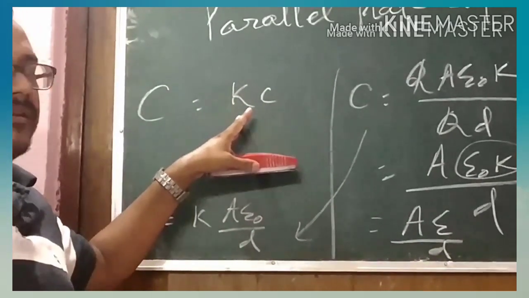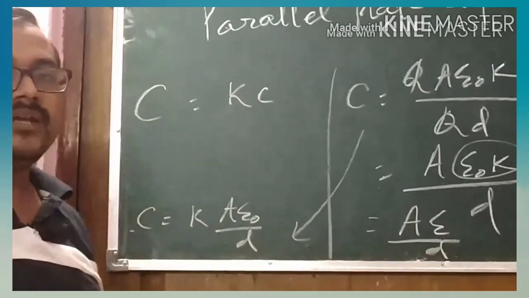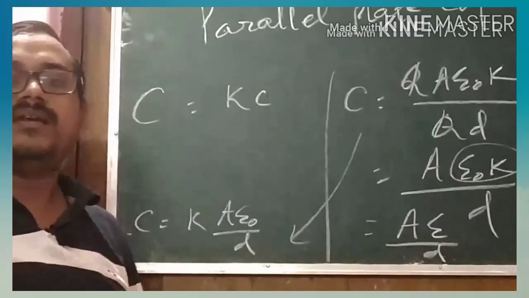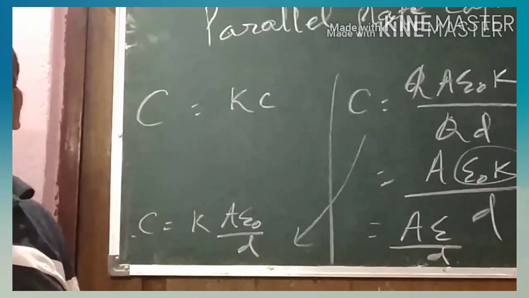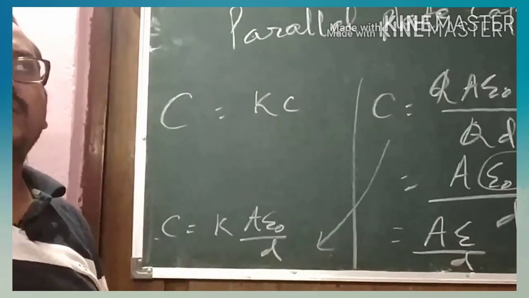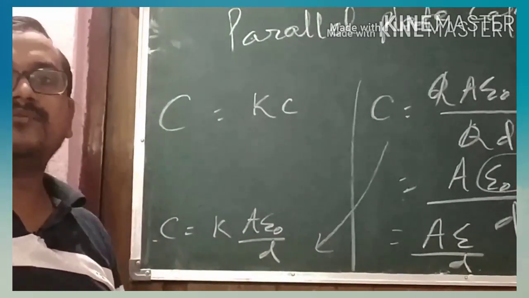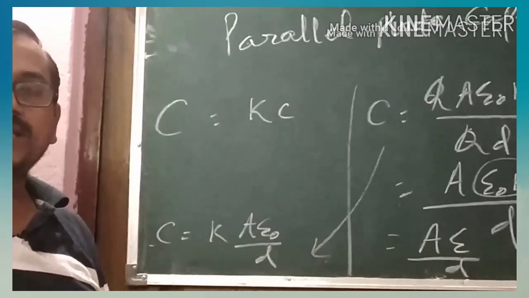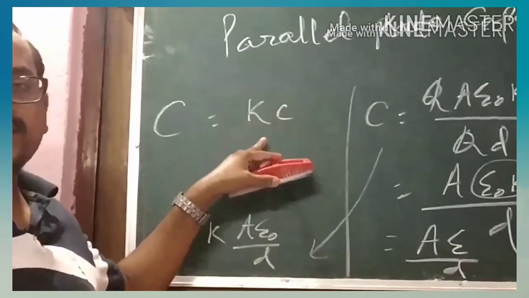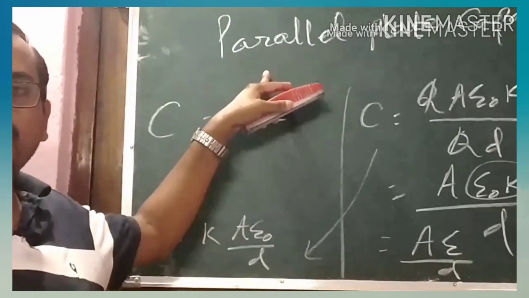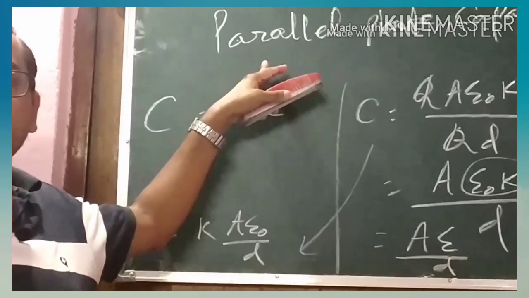Today we discussed what a capacitor is and what capacitance is, and that capacitance depends on the shape, size, or geometry of the system, and on the nature of the dielectric medium. We also discussed the dielectric constant and the parallel plate capacitor, where we assumed two cases.